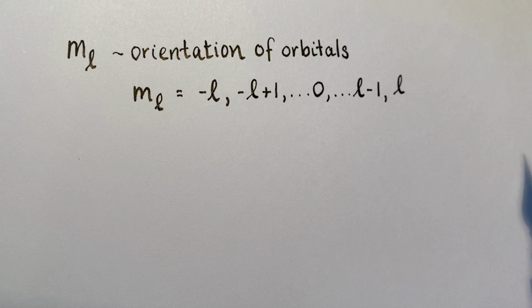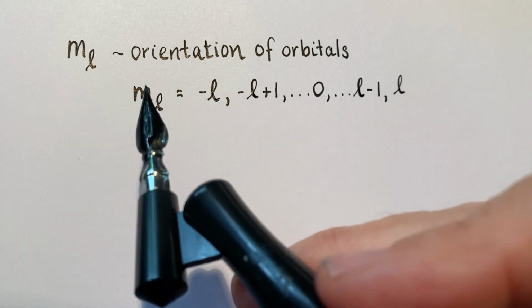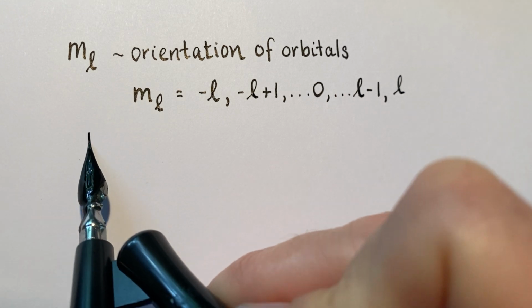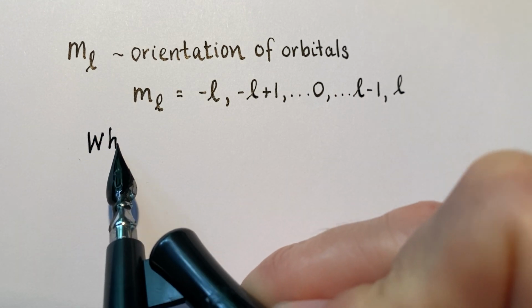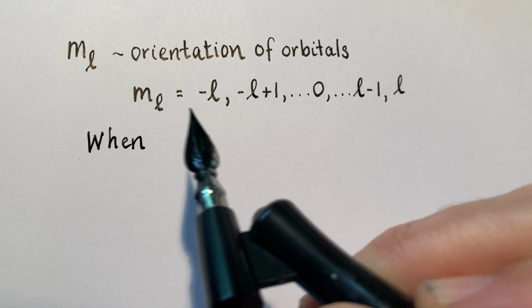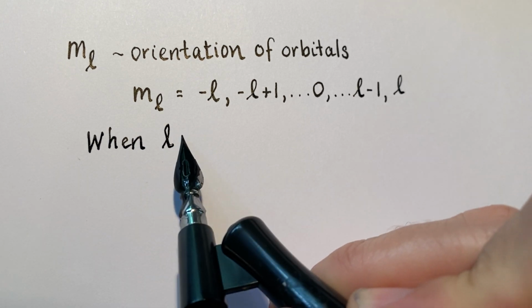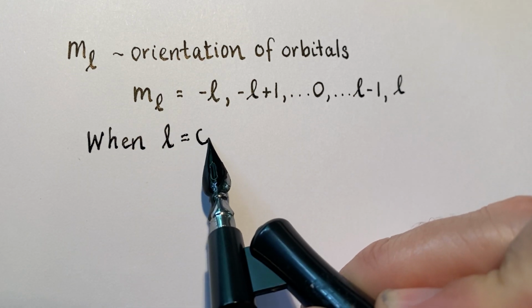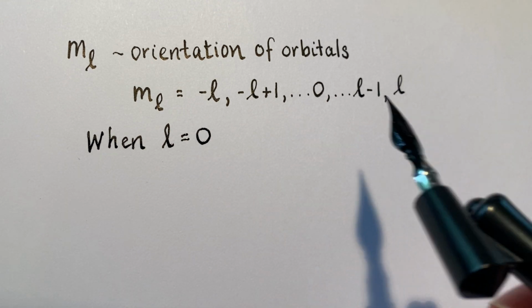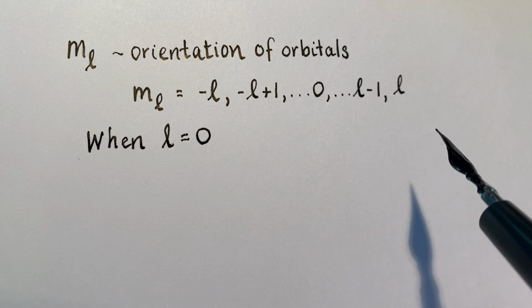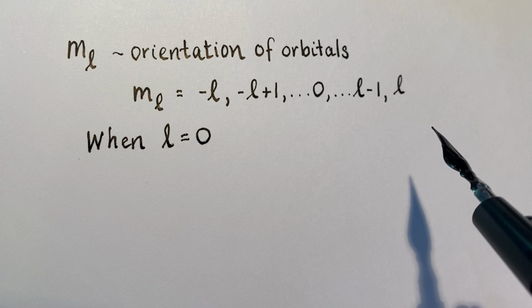But we're going to start with the simplest example, and that is when the angular momentum quantum number equals 0. That's the smallest possible value of L, and it gives us the simplest result.